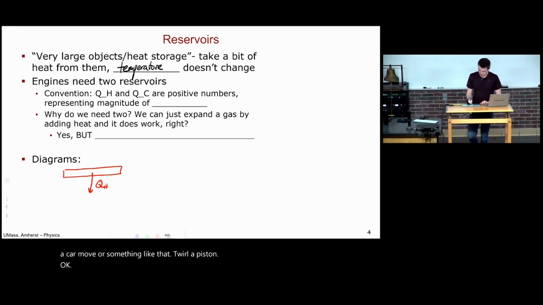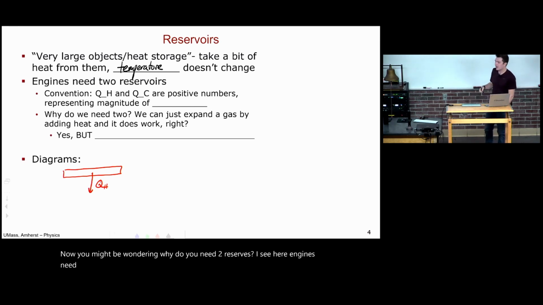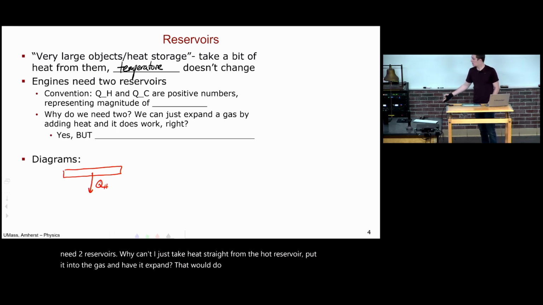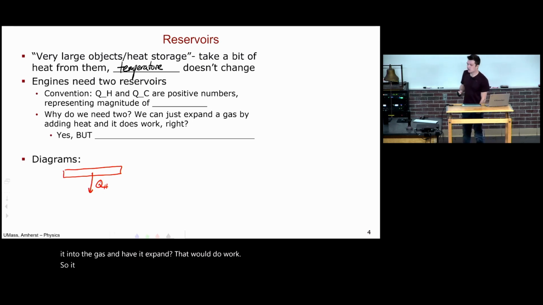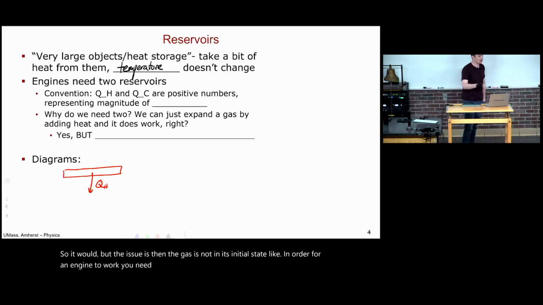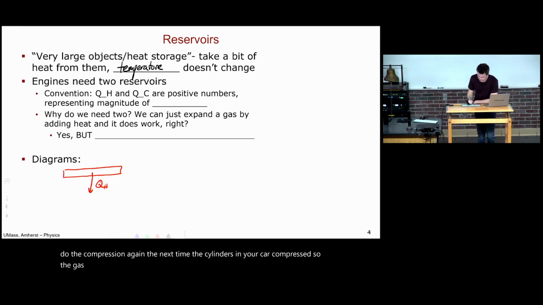Now, you might be wondering, why do you need two reservoirs? I see here engines need two reservoirs. Why can't I just take heat straight from the hot reservoir, put it into the gas, and have it expand? That would do work. So it would, but the issue is then the gas is not in its initial state. In order for an engine to work, you need the gas to come back to its initial state so it can do the compression again the next time the cylinders in your car compress. So the gas needs to return to the initial state.